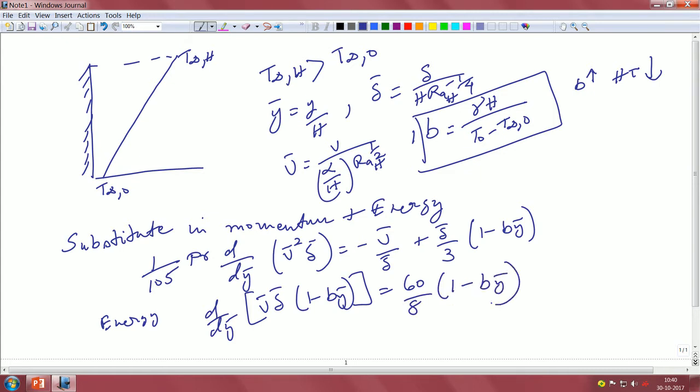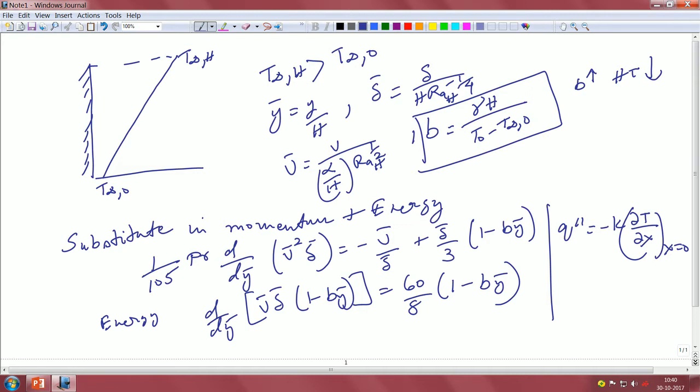These are the two expressions that we get, and of course, your wall heat flux is given as k dT by dx computed at x equal to 0, right, that was what it was.